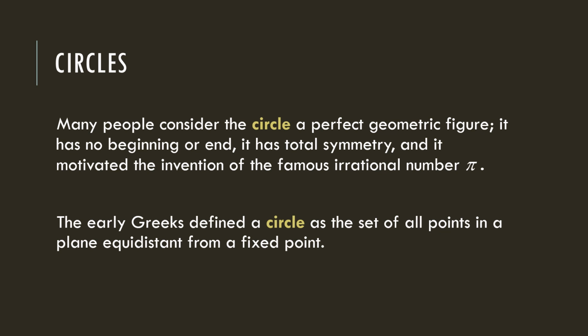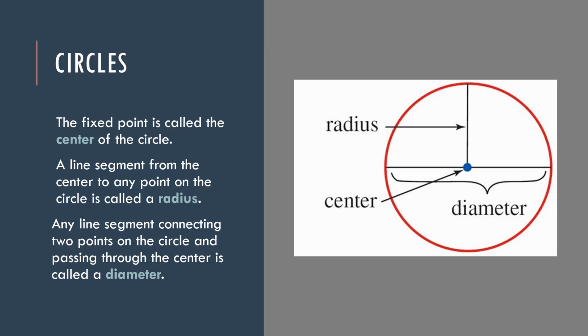The early Greeks defined a circle as the set of all points in a plane equidistant from a fixed point. Right, so you have a fixed point, and then the circle is the set of all points that are equidistant from that middle point. The fixed point is called the center of the circle.